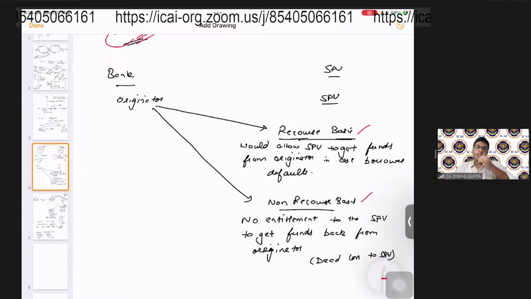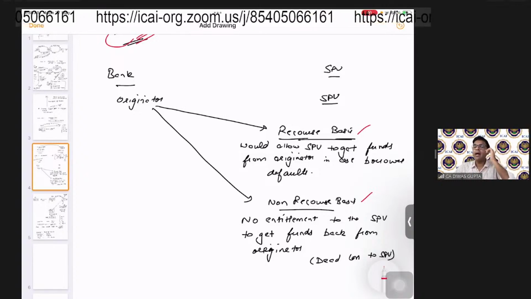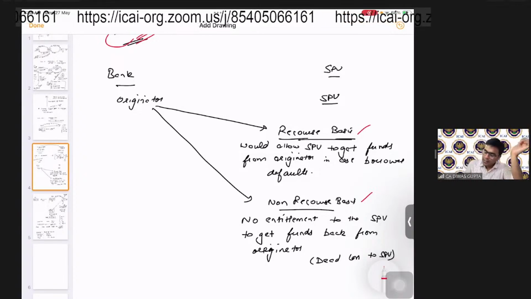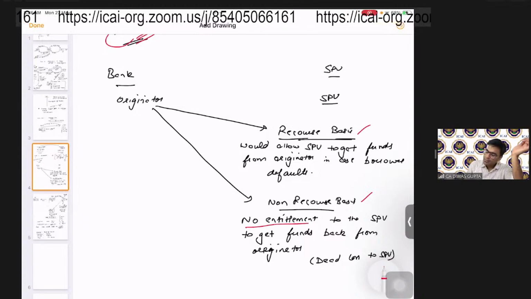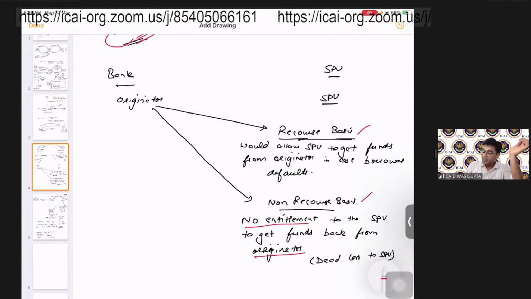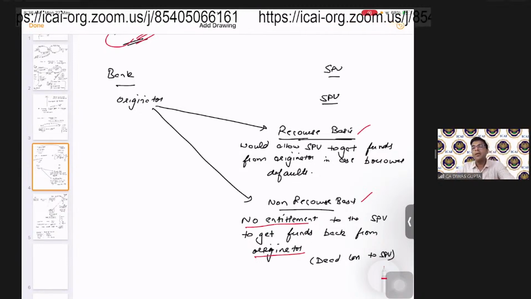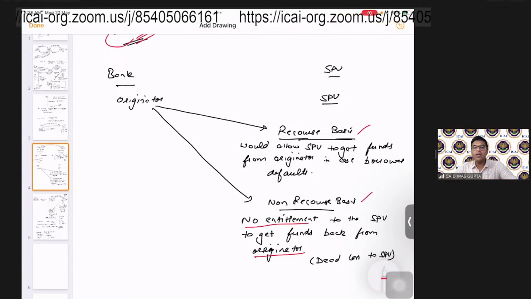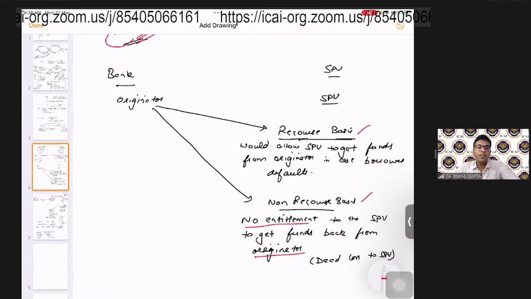In non-recourse basis, the SPV will not be able to recover it back from the bank. There is no entitlement to the SPV to get funds back from the originator. Okay. So it depends on what the arrangement type is, whether it is on recourse basis or non-recourse basis, students.